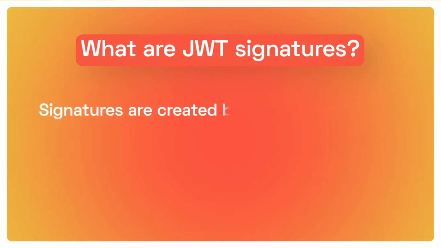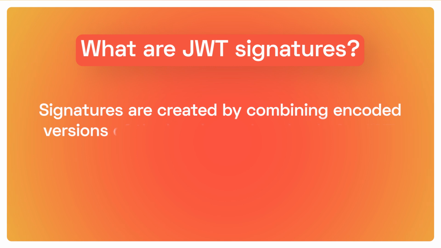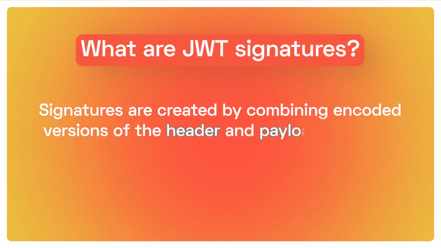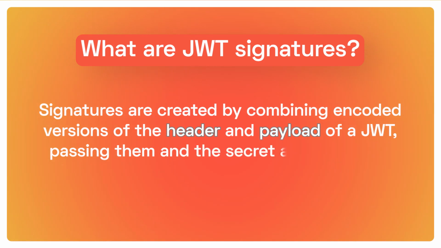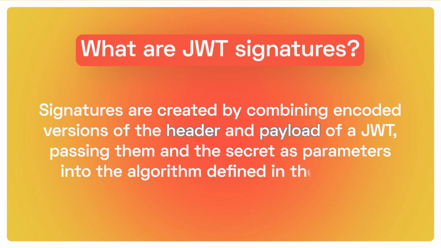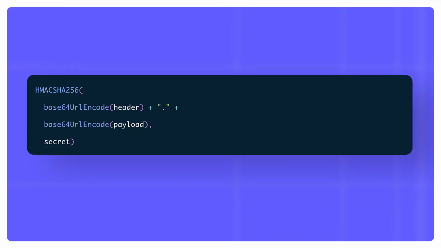Signatures are created by combining encoded versions of the header and the payload of a JWT, passing them and the secret as parameters into the algorithm that's actually defined in the header. This code here on the screen is an example of code that can be used to create a JWT signature.